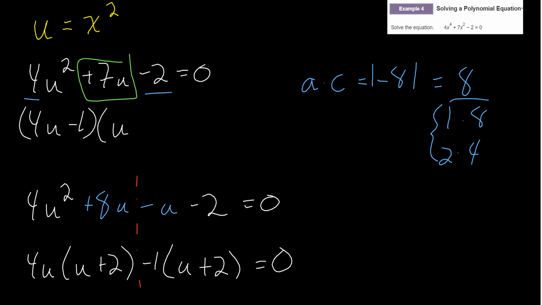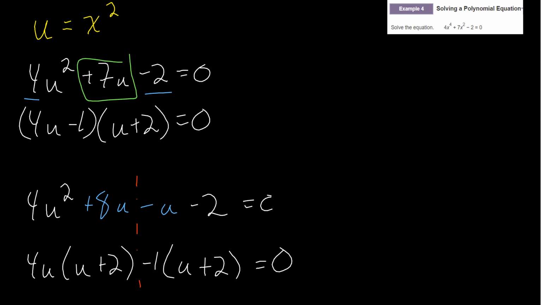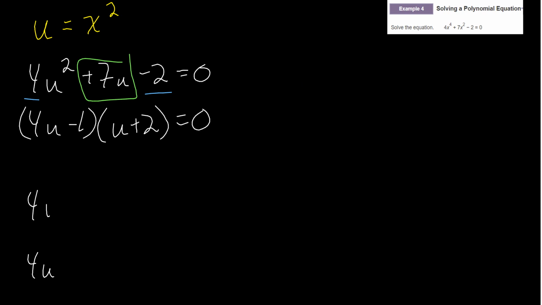Okay. Let me erase that now. So this tells me that I've got u is equal to 1/4, and u is equal to a negative 2.